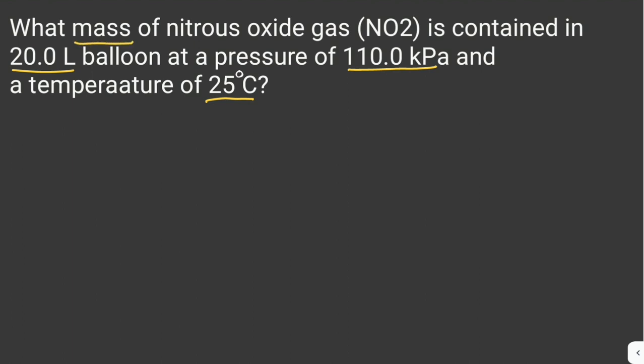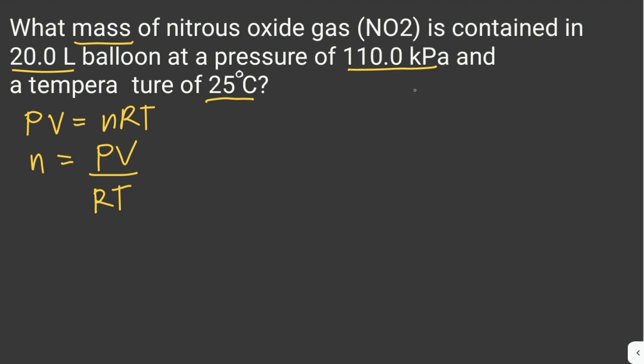To find the mass of NO2, we need to solve for the number of moles first. So we can use PV equals nRT.